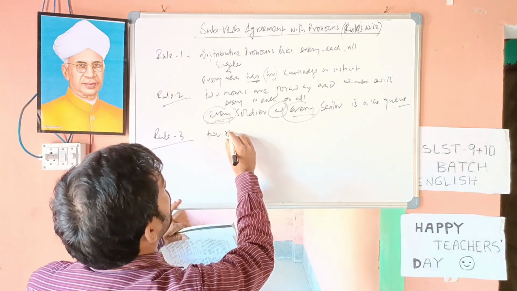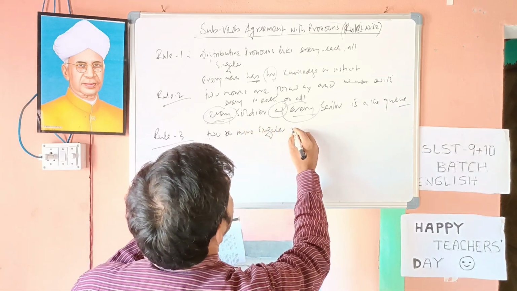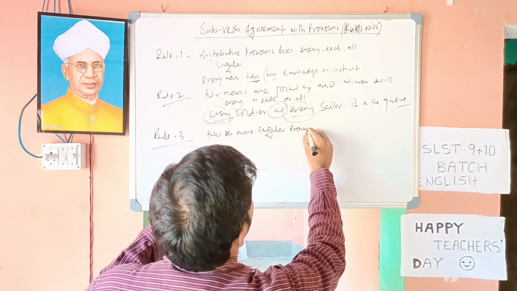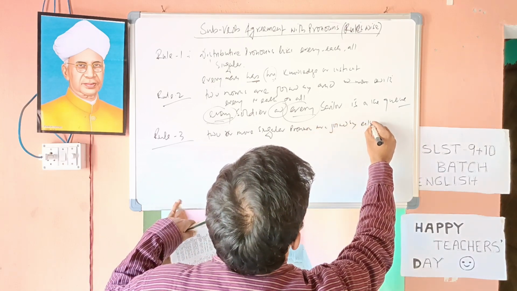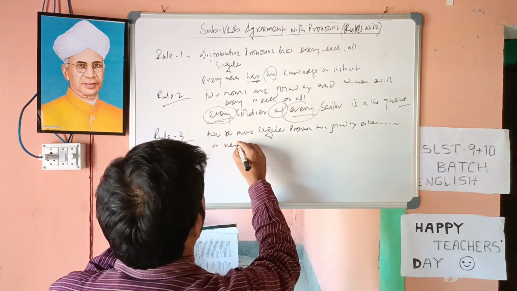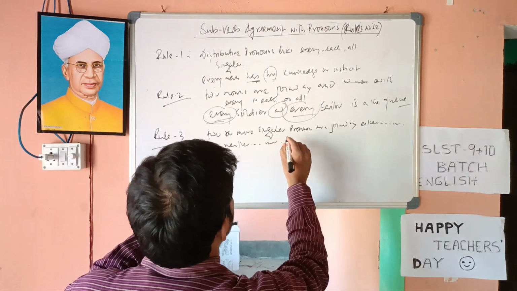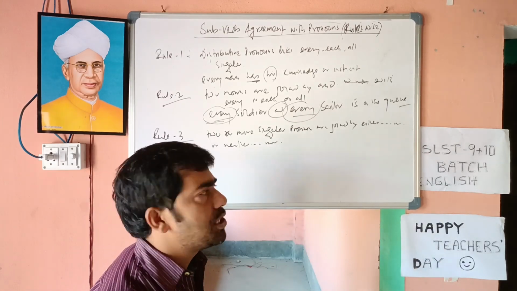Rule 3. Two or more singular pronouns joined by either or, neither nor, will be considered singular.